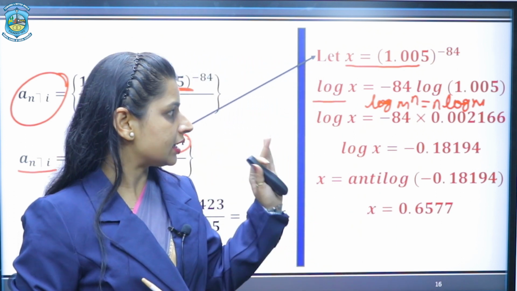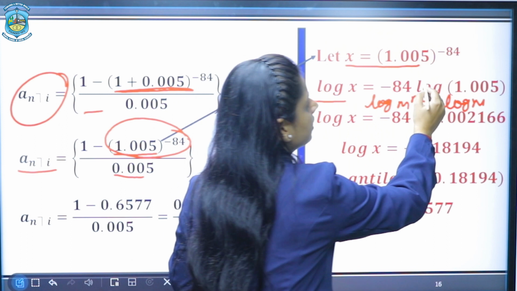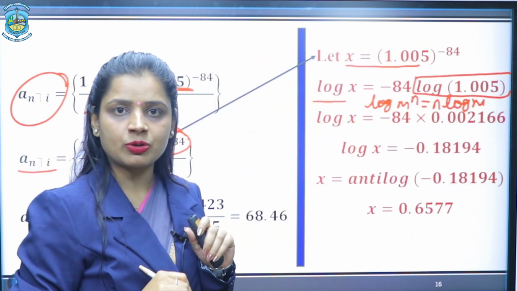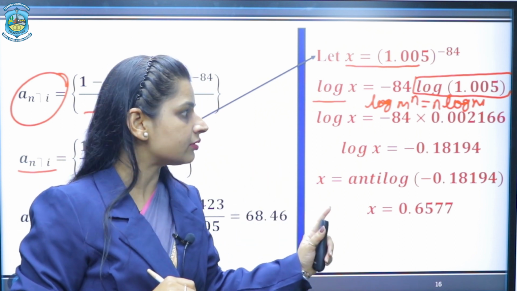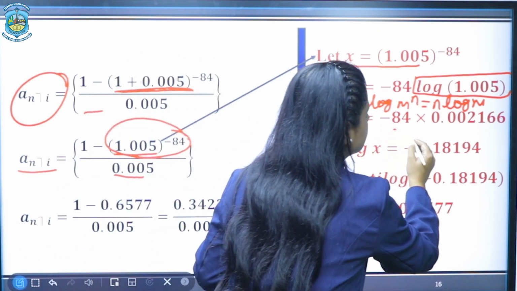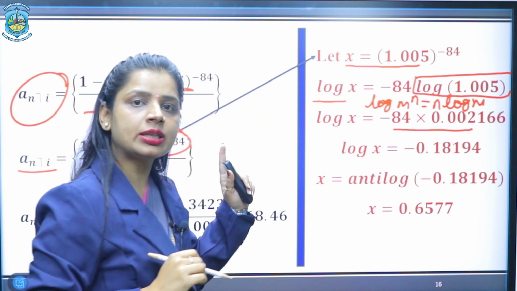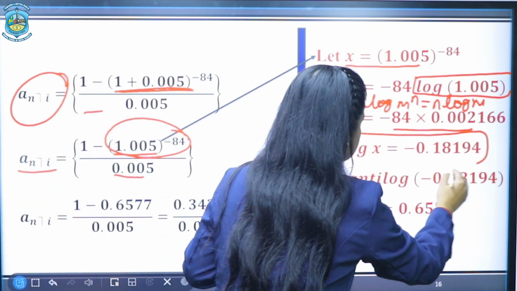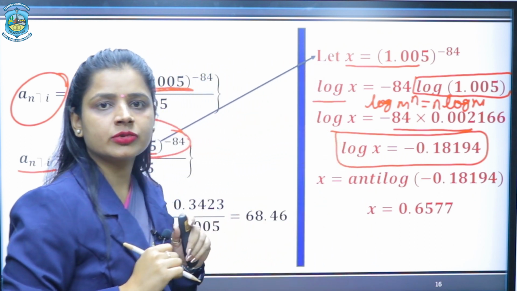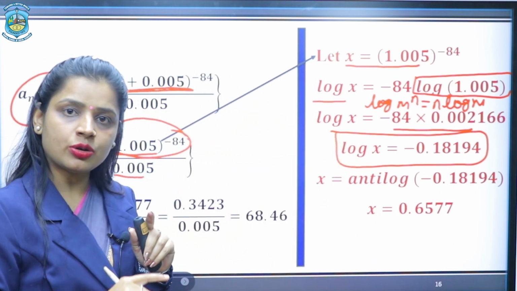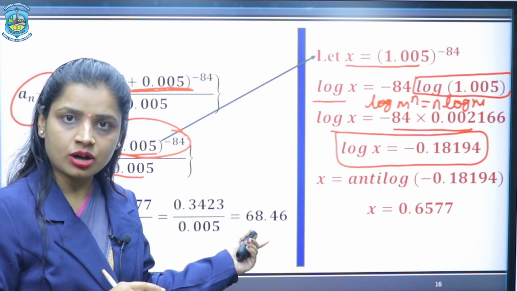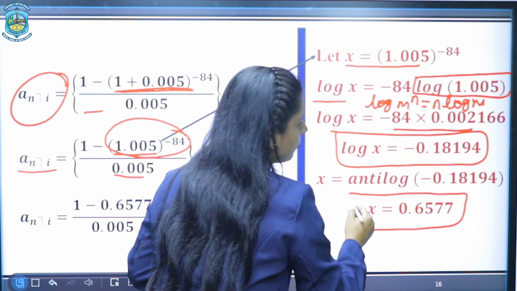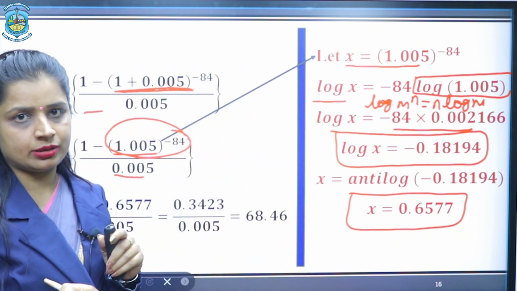After applying that formula, we get the value in this term, log of 1.005. We substitute that value and multiply the result by minus 84. We get the value of log x. Now to find the value of x, we take the antilog, and the value of x is 0.6577.